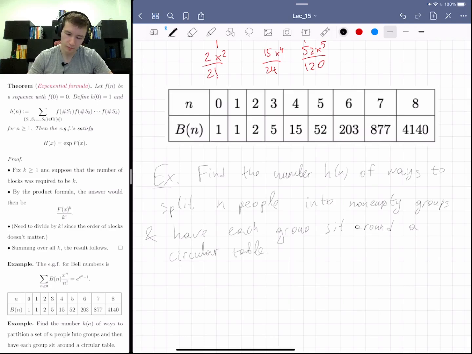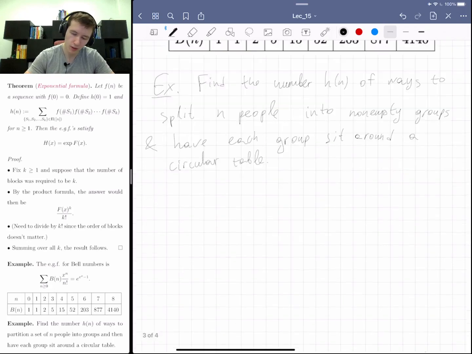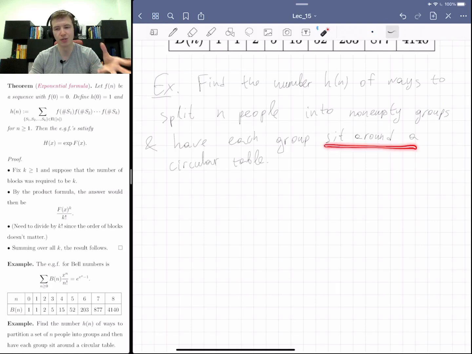Remember, by sitting around a circular table, I mean that I choose a permutation, but two permutations are equivalent if they differ by a cyclic shift.